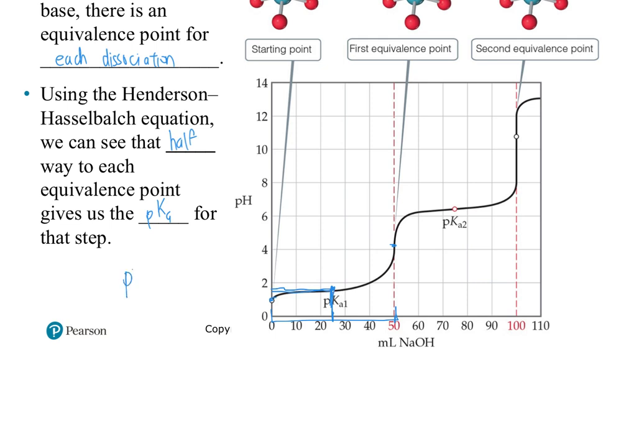So the pH equals the pKa plus the log of my A minus over HA. So at halfway, this is equal to 1, so log of 1 is 0. So halfway to equivalence, our pH equals pKa, which is really cool, and that's actually how we measure pKa values for our different acids.